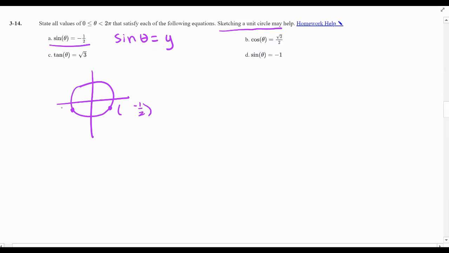-1/2, that is two very specific points on my unit circle where I have these lines here. So if I'm looking for the angle between 0 and 2 pi, there's going to be two answers for this first one.